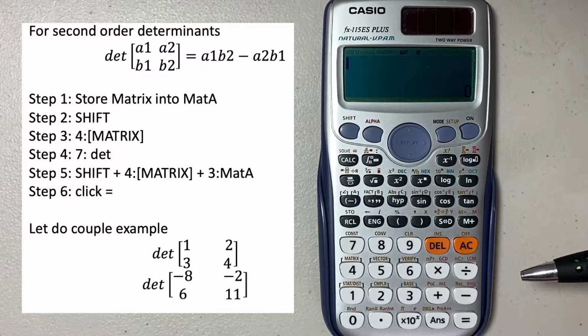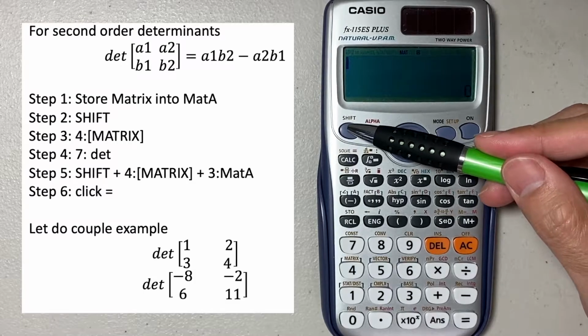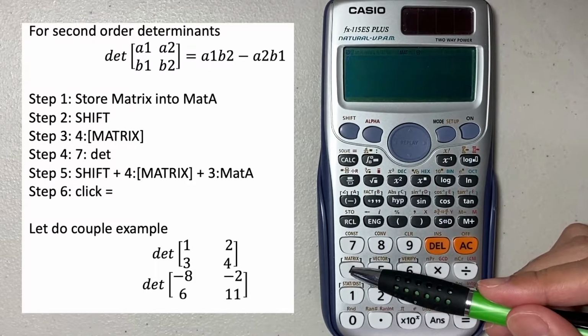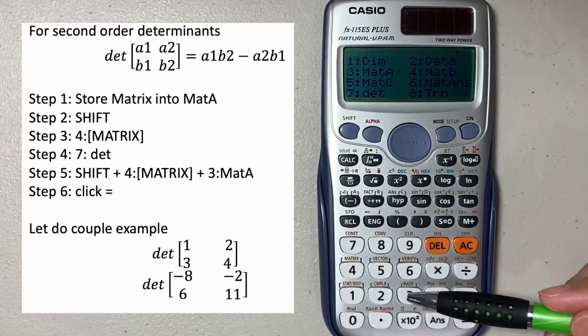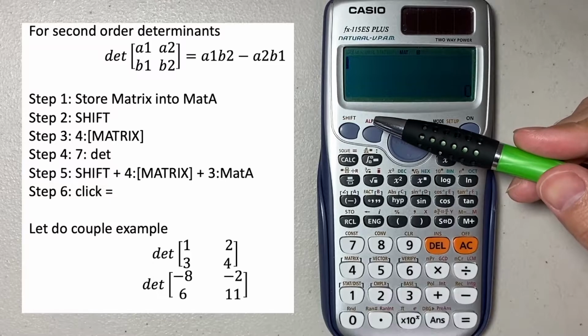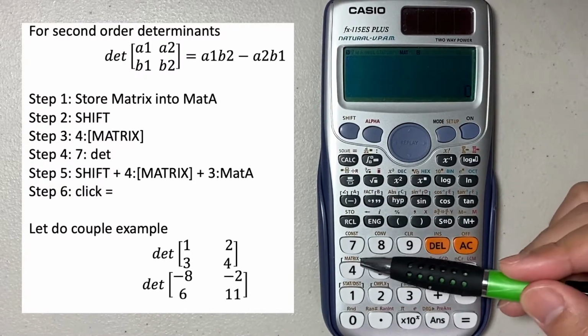And then we're going to go to the determinant function, which is shift, and then 4 stands for matrix right here. And here we already stored the numbers in matrix A, which is just a double check, plus 3. And this is what we just stored recently. And to find the determinant for the matrix A, shift 4.